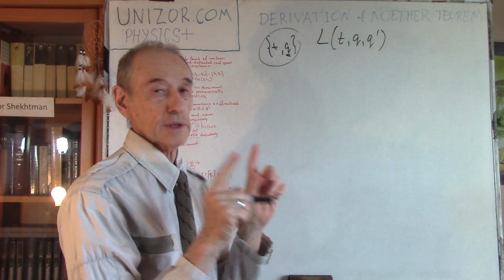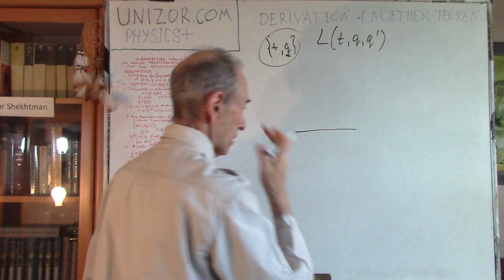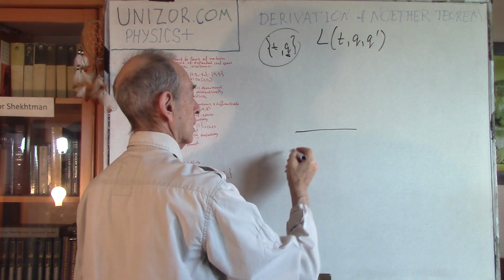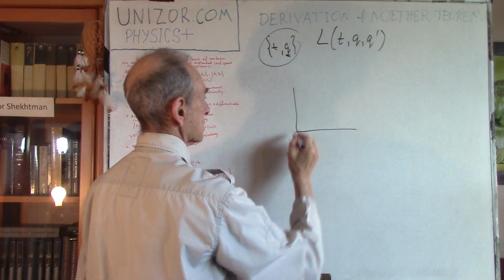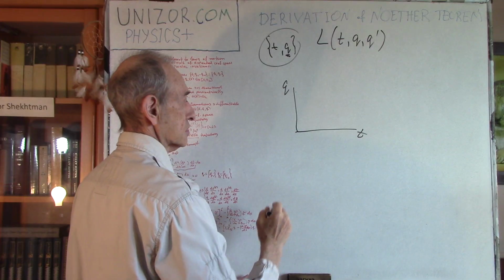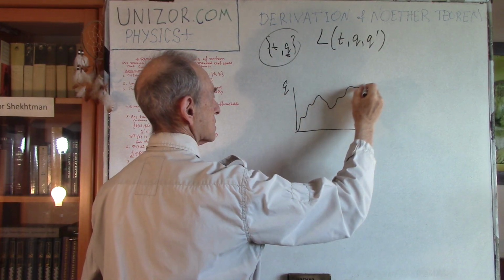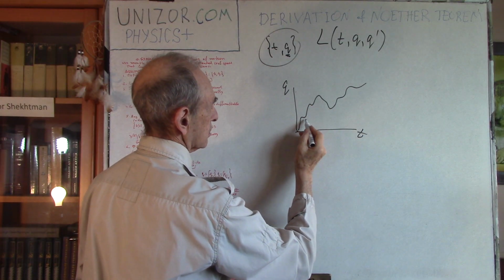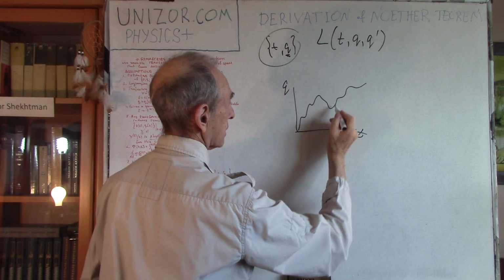Now, if we have only one coordinate, let's say we have only one line where the object is moving, and this is the q, then introducing the t, it's not moving just like this, it will move something like this, and that means it moves back a little bit, forward a little bit, back a little bit, forward, back, again forward, significantly back, and then again forward.